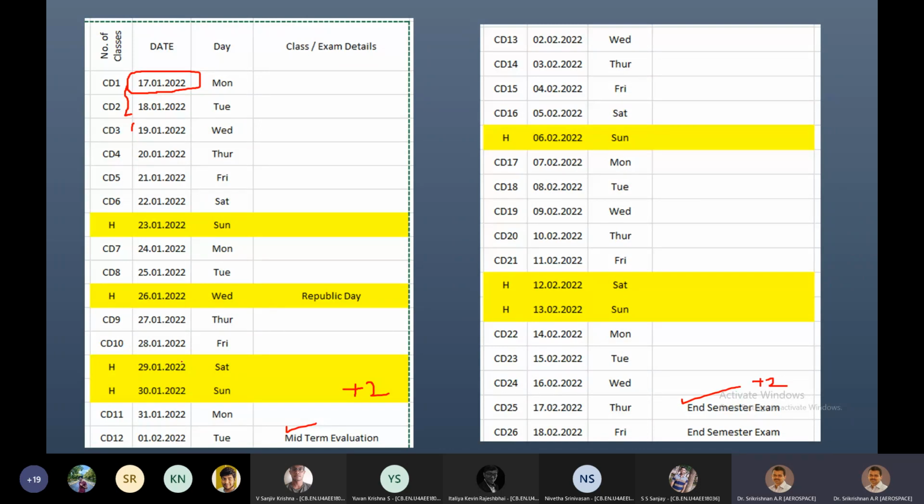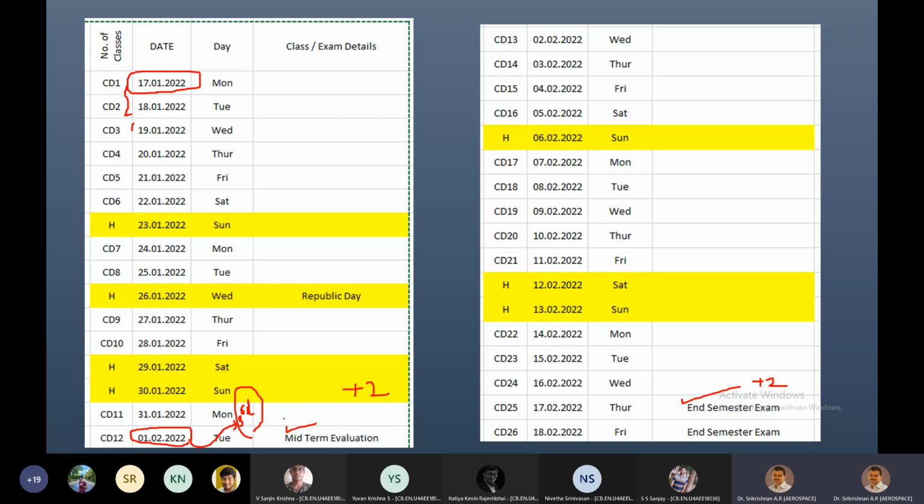Now, what does this say? This says that on the CD, the contact days, on the 11th or 12th contact day, you will have the midterm exam, which as per the original schedule was 1st of February. But now I expect that this can be revised to 3rd of February. I'll confirm this. So the midterm evaluation will be earliest on 1st or most probably on 3rd February.